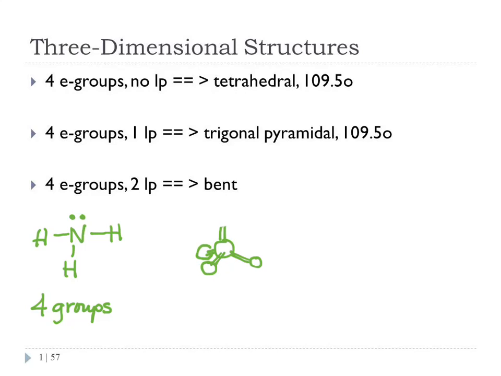So when we're talking about the shape of a molecule, we're just talking about the shape of the atoms. And this has no atom at the end. There's a lone pair of electrons in there, in that stick. And so that causes these atoms to be pushed away, but this isn't a tetrahedron. We call this a trigonal pyramid.